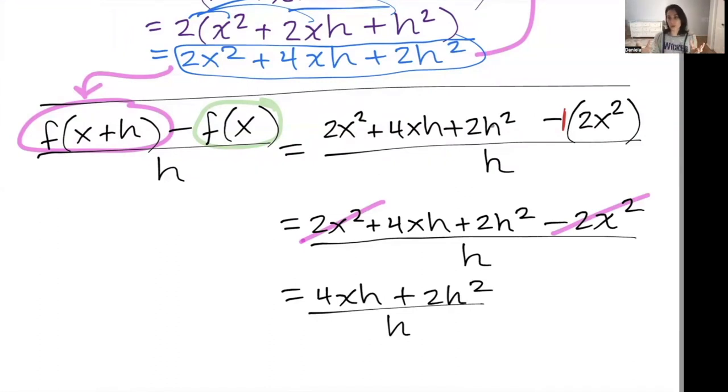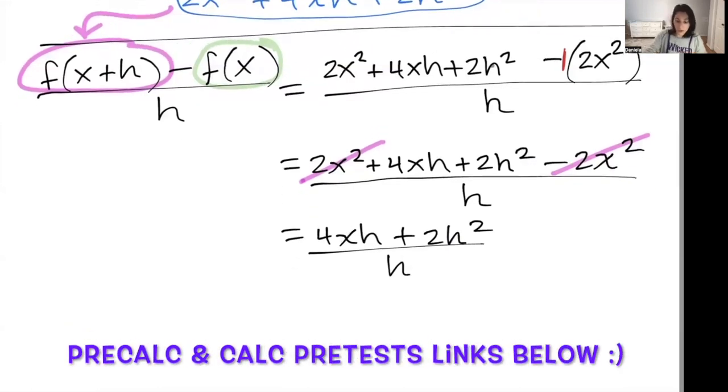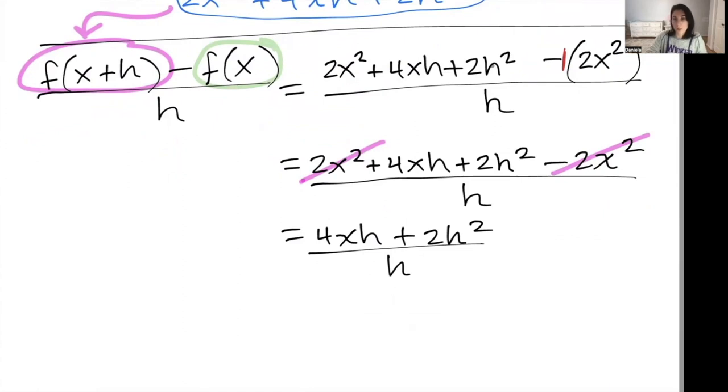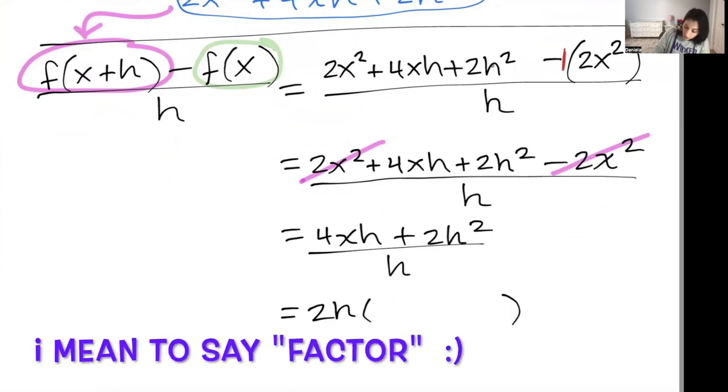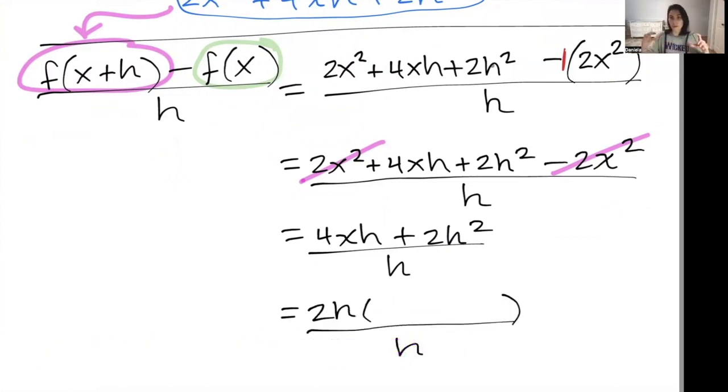So after terms cancel out, the step after that is you should always then factor using the GCF method, okay? So notice both terms are divisible by 2, and they also have at least one h. So the GCF is 2h, right? And whenever we factor using the GCF method, the GCF comes outside the parentheses. So how many terms are there? There are 2 terms, so there should be 2 things in there.